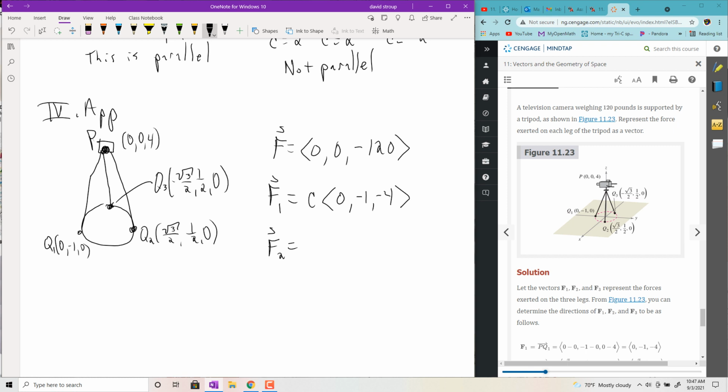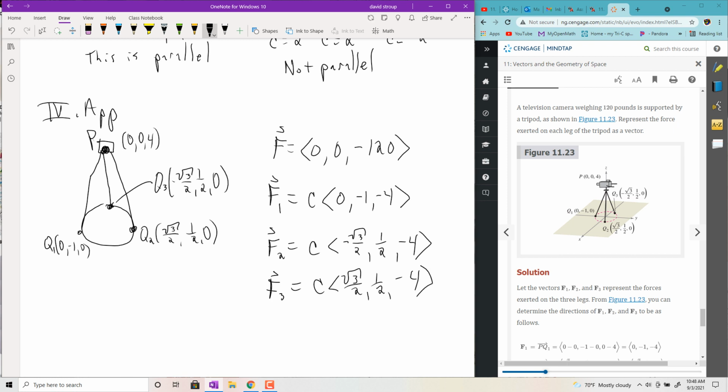Again, it's going to be some constant multiple, and because the force is going to be the same on all of these, we could just use the same constant. So in this case, the direction by taking differences is going to be -√3/2, -0, 1/2, -0, and then 0 minus 4. And then the force vector for the third, we get √3/2, comma 1/2, comma -4 again.